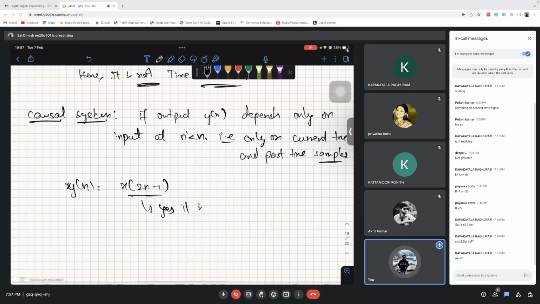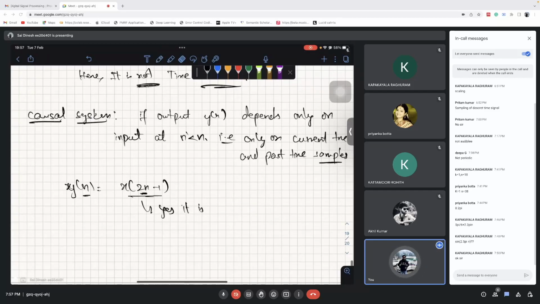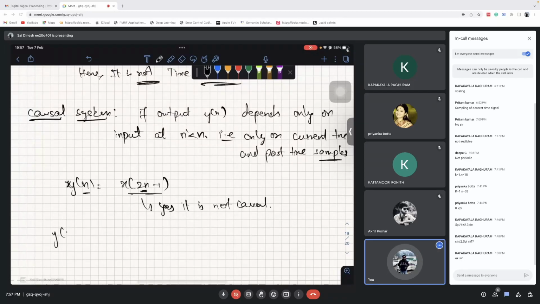Yes, it is causal, because this depends only on the, sorry, it is not causal, because let's say y of 3, for example, in that case it is x of 5, which is depending on the future sample. So it is non-causal.